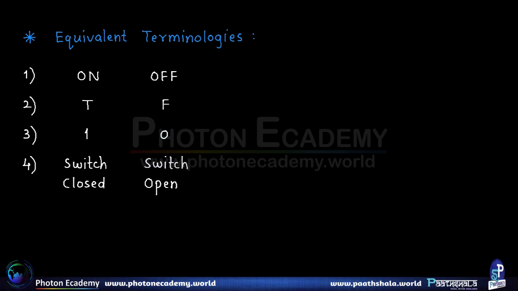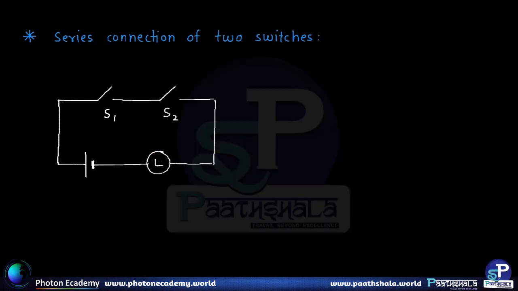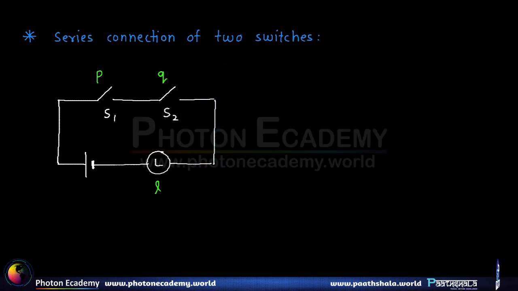So now let's see the most frequently used possibilities of connection of switches. The first one is series connection. So let's consider that there are two switches S1 and S2. Let us represent them by the statements P and Q, and the lamp is L. Now if you see, the lamp will glow only when both the switches are closed, right? So that corresponds exactly with the truth table of the AND operation.